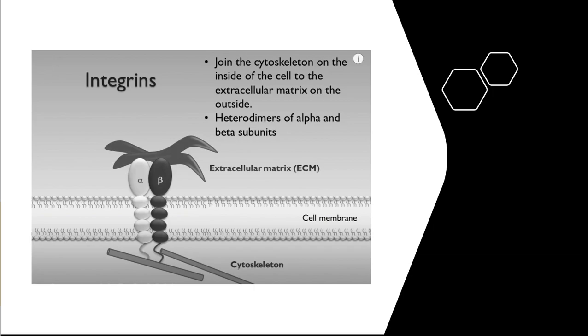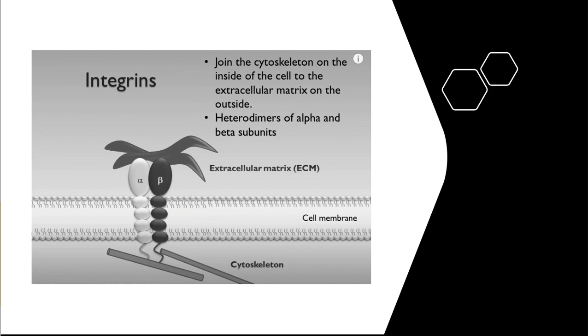At the same time, other cytokines, notably tumor necrosis factor and interleukin-1, activate endothelial cells to increase the expression of ligands for integrins. These ligands include intercellular adhesion molecule 1, ICAM-1, which binds to the integrin leukocyte function-associated antigen 1, LFA-1, also called CD11a/CD18.